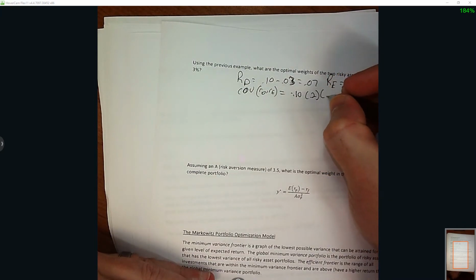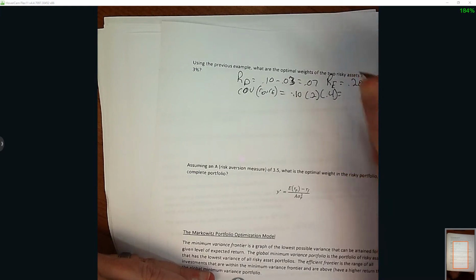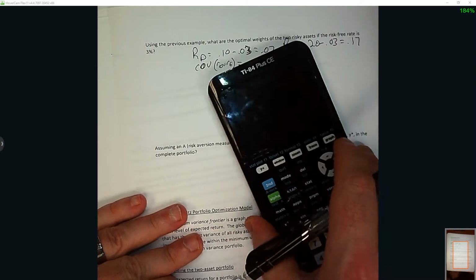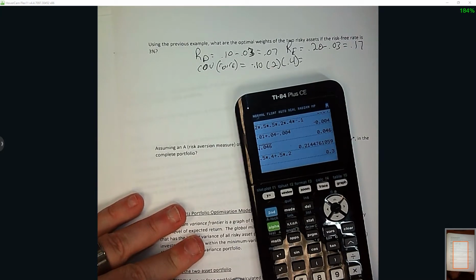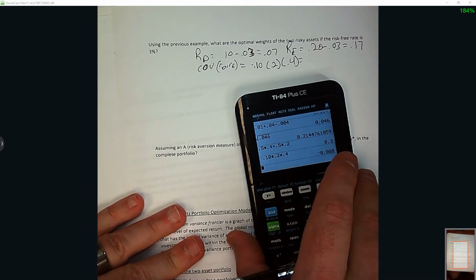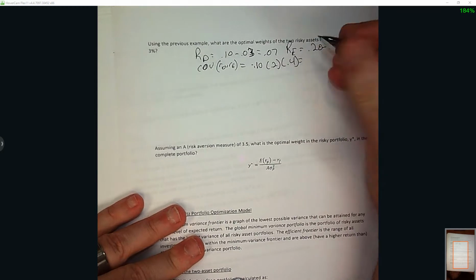And the standard deviation of E was 0.4. So now we're going to multiply this through. We get negative 0.10 multiplied by 0.2 multiplied by 0.4, which gives us negative 0.008.